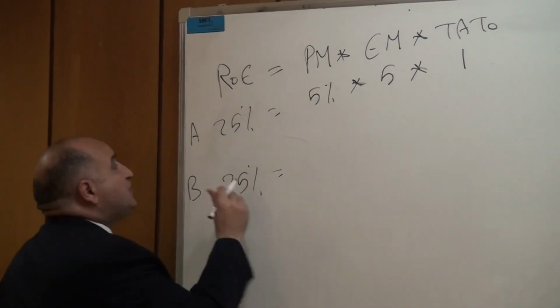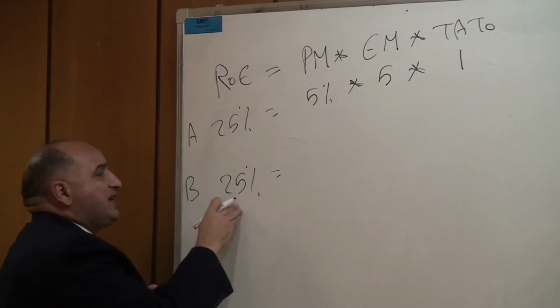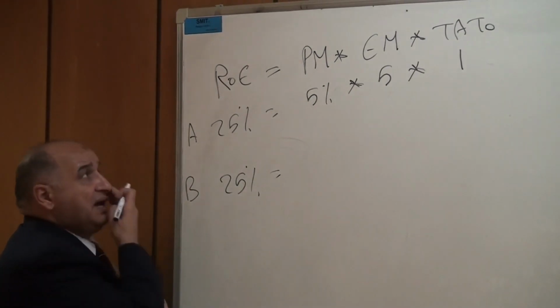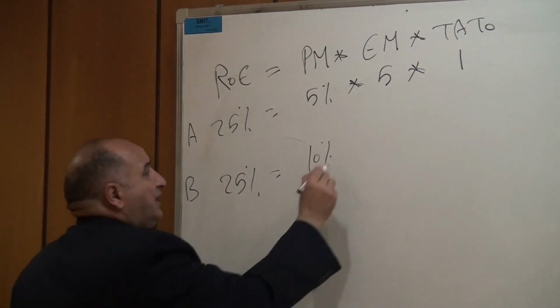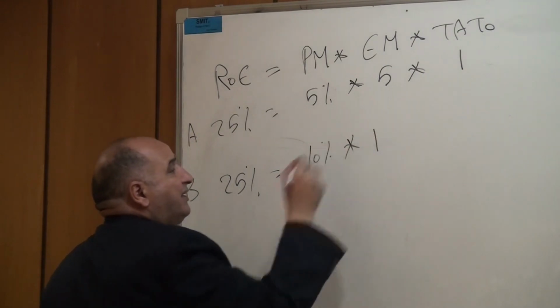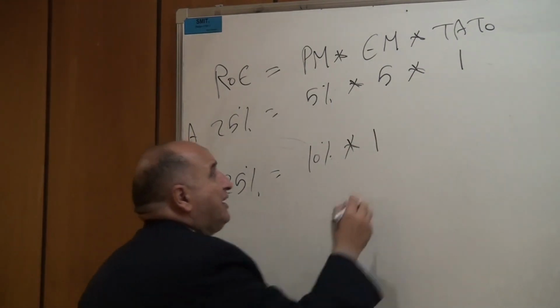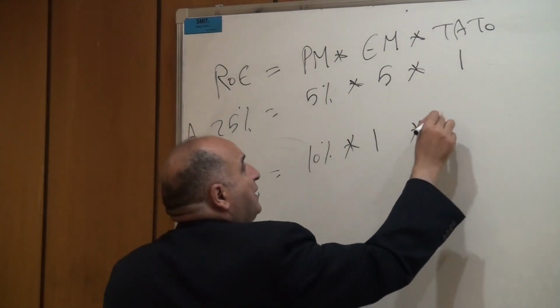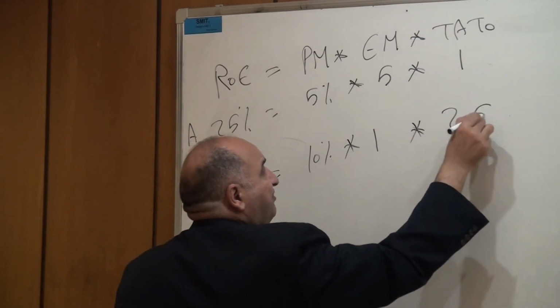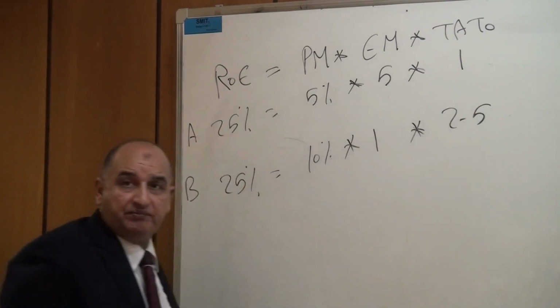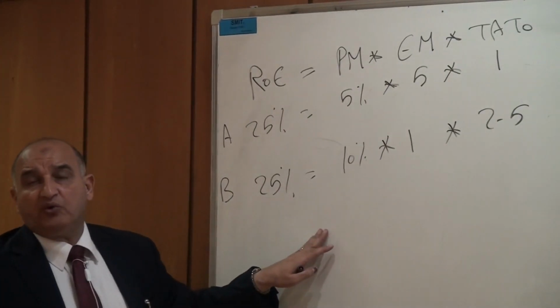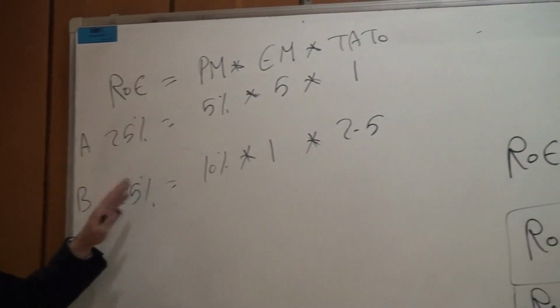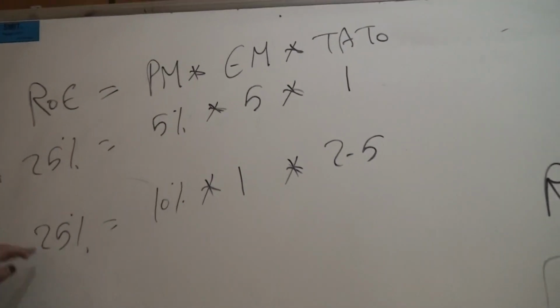Company B also has ROE equal to 25%, but it has a 10% profit margin, an equity multiplier of 1, and a total asset turnover of 2.5. Now, using this information from Dupont, which company is better to invest in?